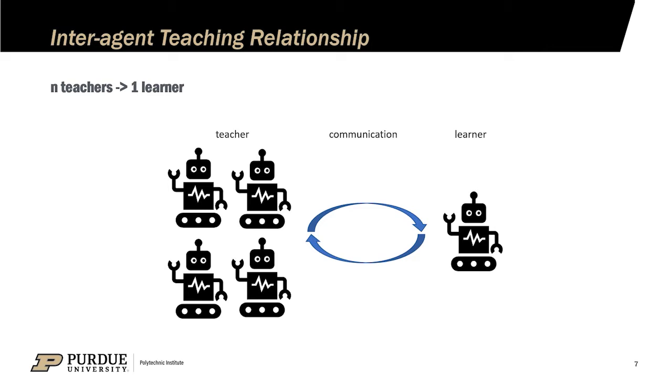The second type of inter-agent teaching relationship is many-to-one. So here, n teachers teach one learner. So we may need to consider a scenario where n teachers give different advices. So how can we handle this scenario?